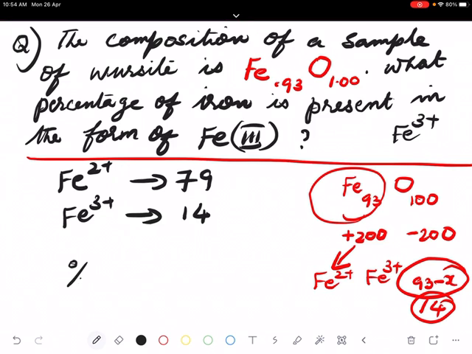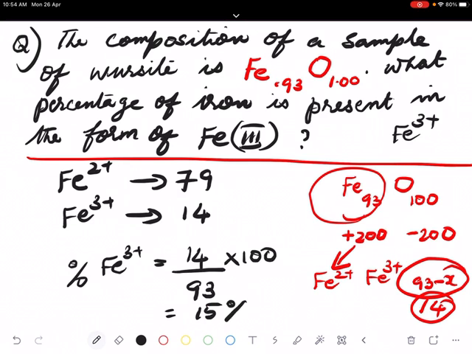So percentage of Fe3 plus is equal to 14 divided by total 93, into 100. So let's calculate that. 14 divided by 93 into 100. So this will be 15%. So the answer is 15%.